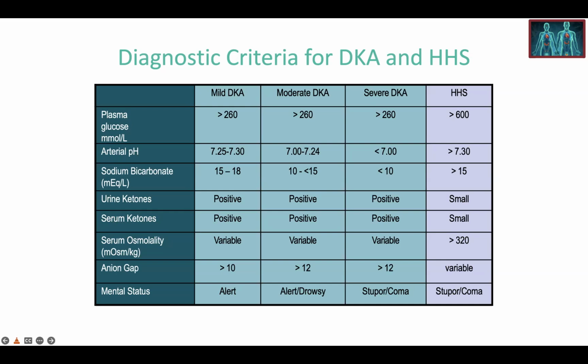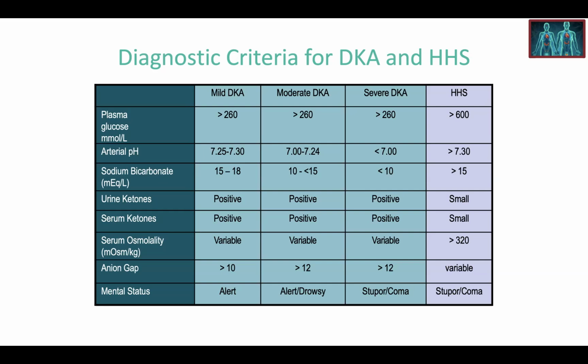So if we just take a look at our plasma glucose and we talk about a patient who presents, who has a history of diabetes, who when we first evaluate them, what we see is that they have metabolic acidosis. So look across the board here. All of these patients, mild, moderate, severe, and HHS, all of these patients have metabolic acidosis.